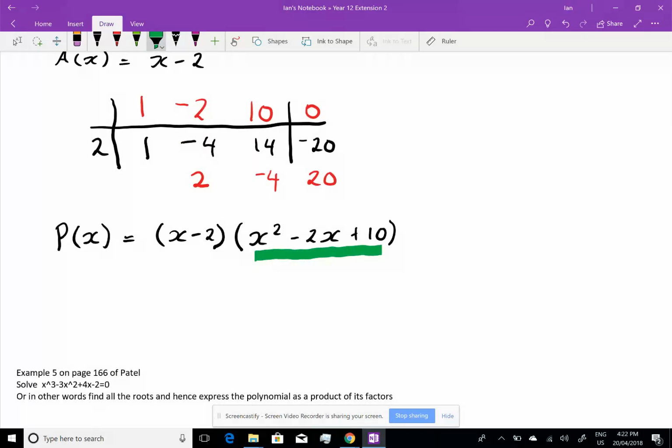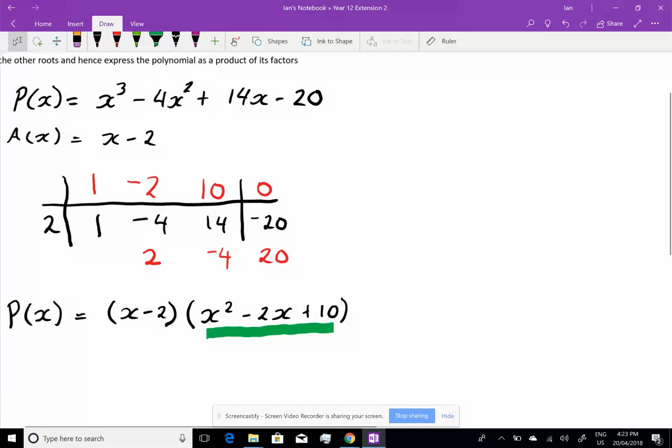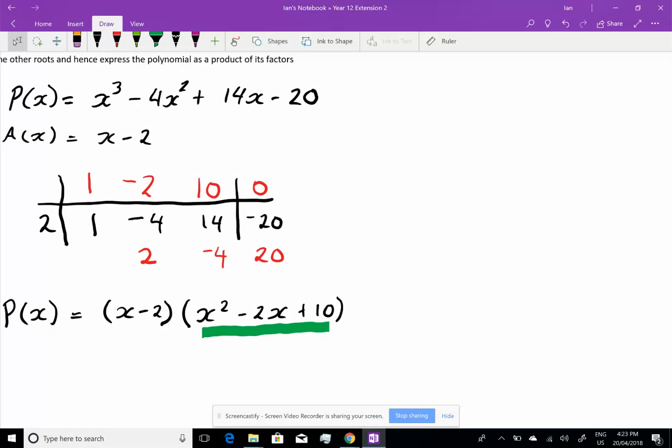This is a quadratic and I can do it, but my problem is I'm going to get a discriminant less than 0, because b squared, which is negative 2 squared, is going to give me 4, minus 4 times a, 1, times 10, is 40. So I'm going to get 4 minus 40, which is negative 36. So when I apply this, I'm going to get complex roots.